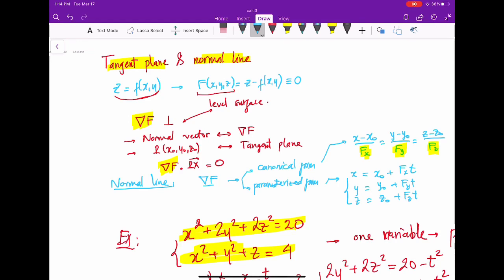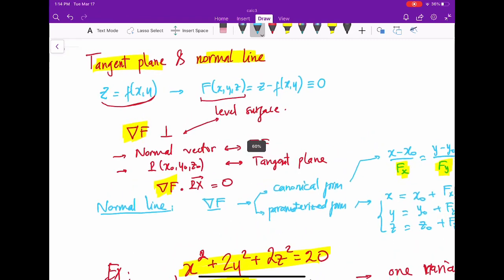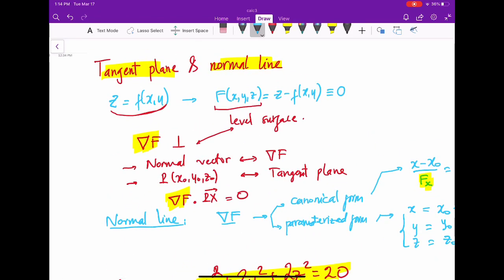That is the gradient of the function F. This is very interesting because it relates to the level surface, and we use a very important property of the gradient: the gradient vector is perpendicular to level surfaces.